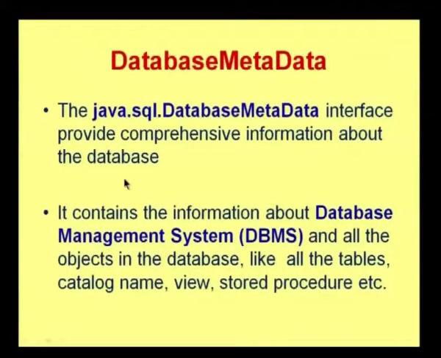Here the java.sql.DatabaseMetaData interface provides comprehensive information about the database. It contains the information about the DBMS and all the objects in the database, like all the tables, catalog name, views, stored procedures, etc. Normally in a database we have various database objects, and that depends purely on the DBMS. Some DBMS may have a few more objects, some may not.